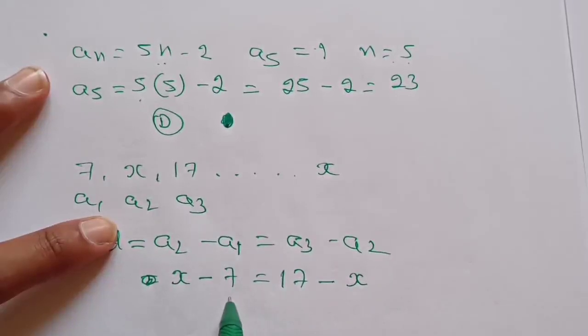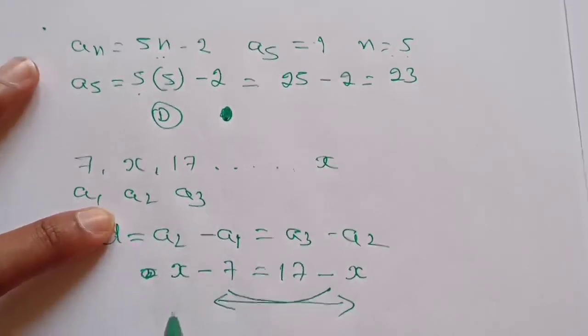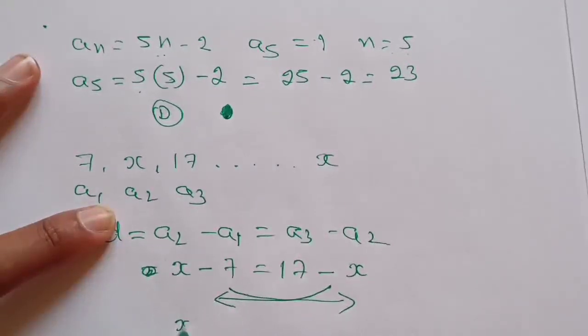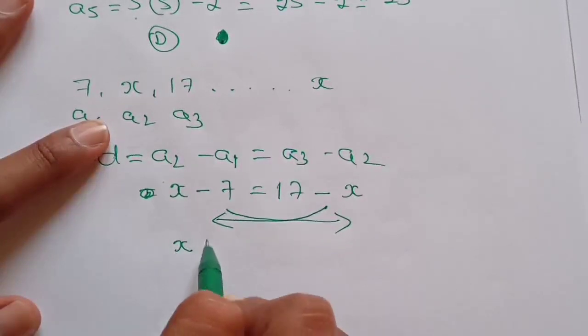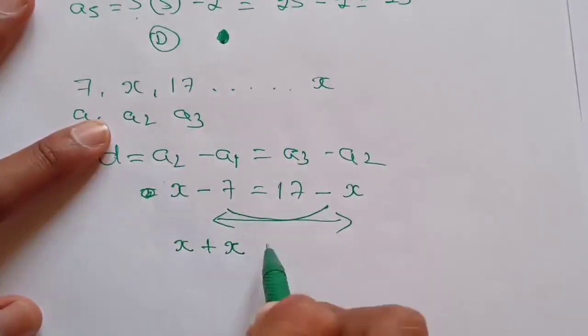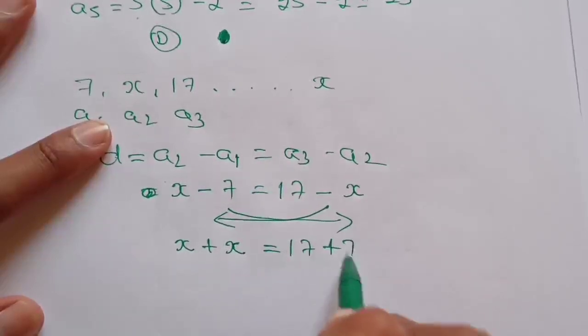Now send the 17 to the right hand side, and x to the left hand side. Here x is there, keep the x there only. Now minus x becomes plus x equals 17 there only. So minus 7 becomes plus 7.